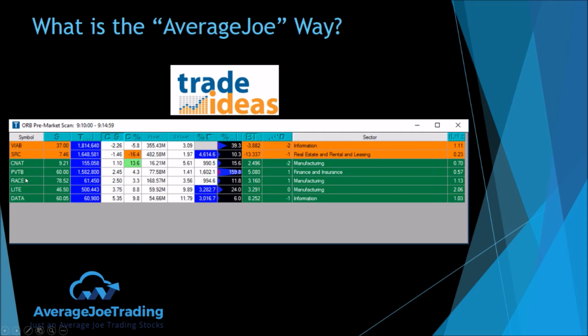And you can see CNAT was on the scan, SRC. Now, she's looking for stocks between $5 and $25. I'm looking for stocks from $10 on up. So we both use the same scanner. Everything is on here. SRC was another solid trade.